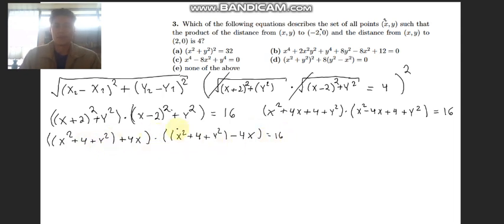So this will be the left side of the polynomial squared minus the right side of the polynomial squared, which is (x squared plus 4 plus y squared) squared minus 16x squared, equal to 16.